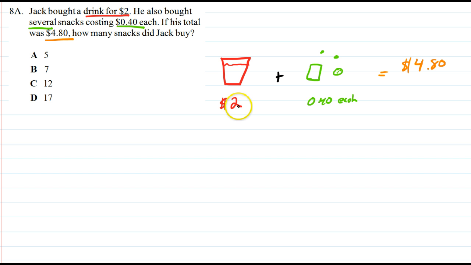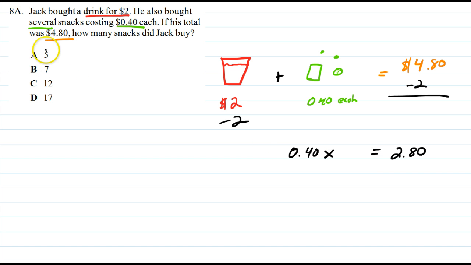Well, if he spent $2 on a drink and the total was $4.80, that meant he spent 40 cents for each snack, and that's going to have to equal $2.80 because we just take that 2 away from this, and that gives us $2.80. So since we don't know how many, that's where we would use a variable, x or n, whatever variable you want to use. And so once we figure out what times 40 cents equals $2.80, we'll have our answer.